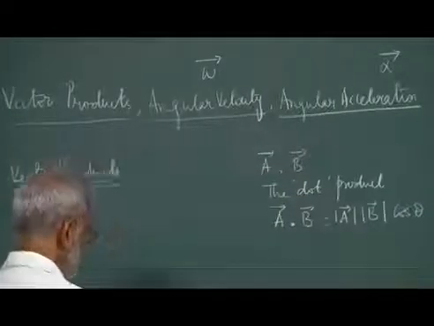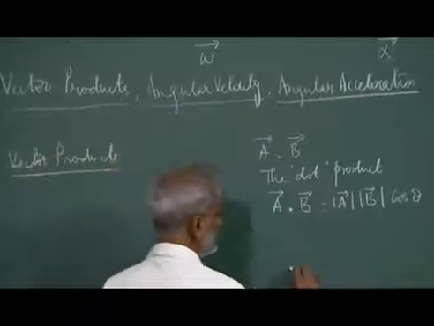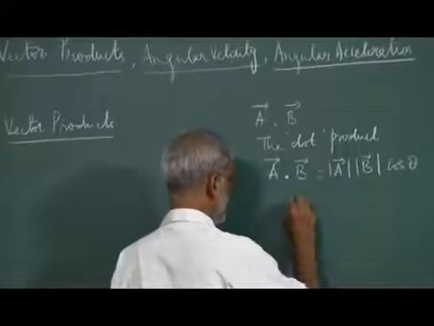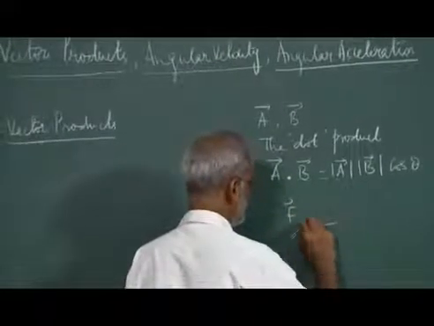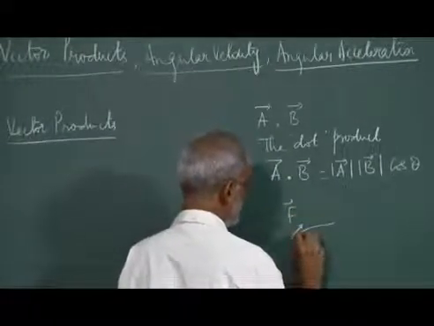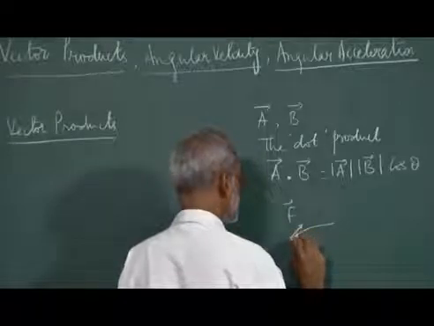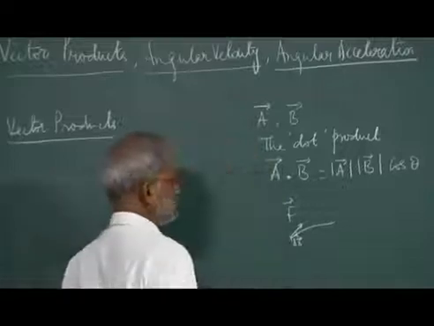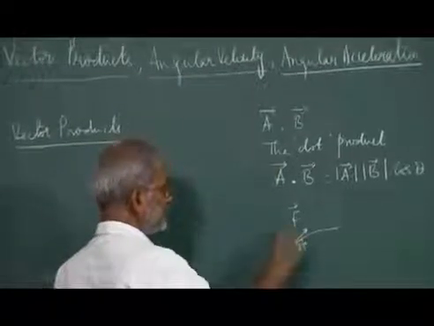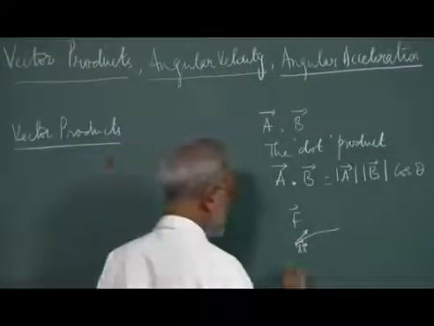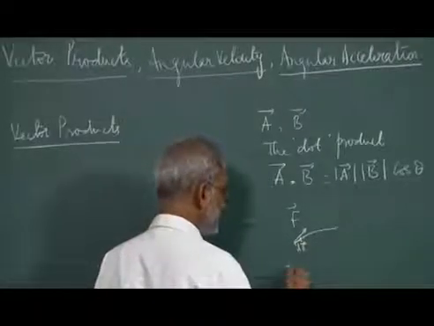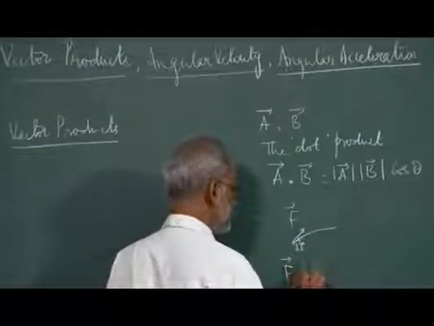One simple example for this is, suppose a force vector is acting on a particle, and then it moves by a small displacement ds. Then the work done by the force on this particle, in moving the small infinitesimal displacement, is f dot ds.